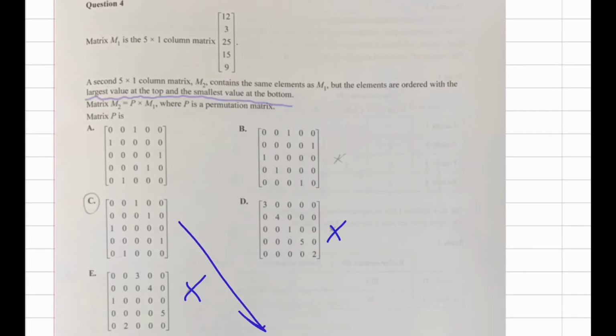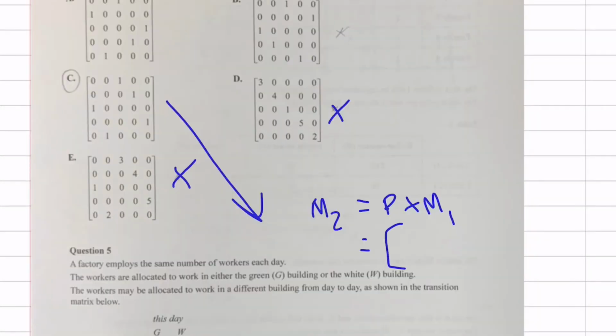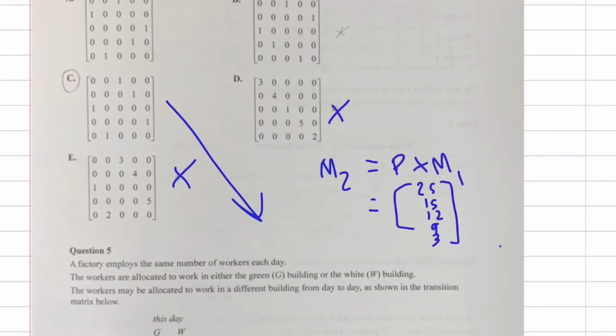So if you try matrix C and you call that P, so P times M1, and you do that on your calculator, you should get 25, 15, 12, 9, and 3. And therefore, C is your solution.